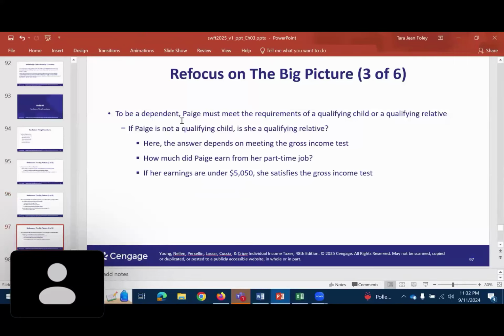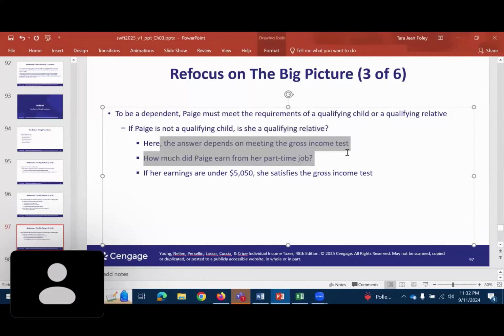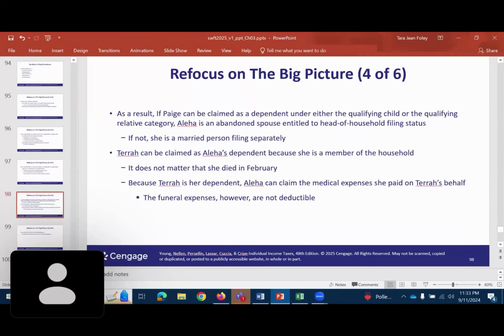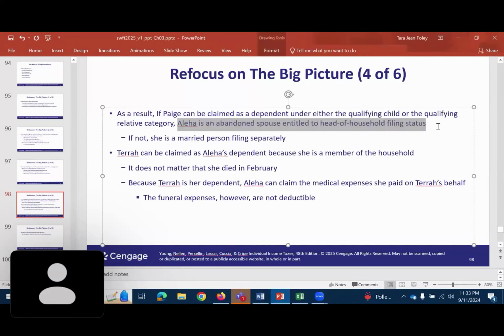All right, to be dependent, Paige must meet the requirements of a qualifying child. If she's not a qualifying child, is she a qualifying relative? The answer depends on the gross income test. How much did she make from her part-time job? Is she earning under the 50-50? As a result, if Paige can be claimed as dependent under either qualifying child or qualifying relative, Aaliyah could be an abandoned spouse entitled to head of household status.